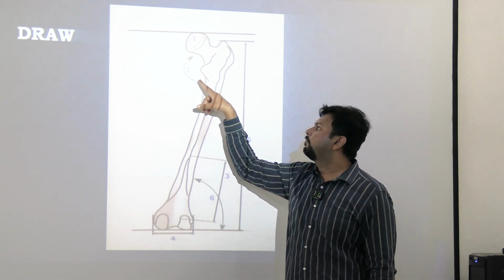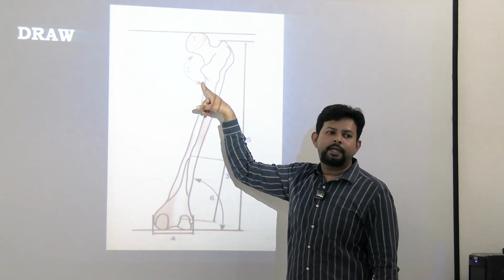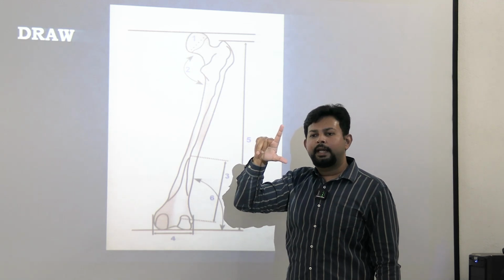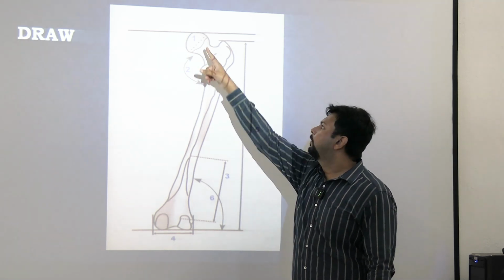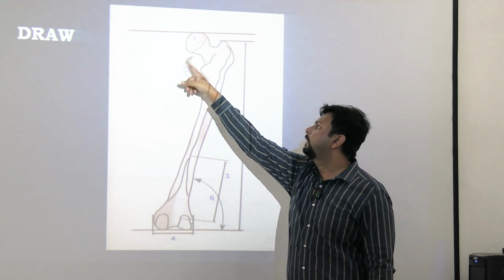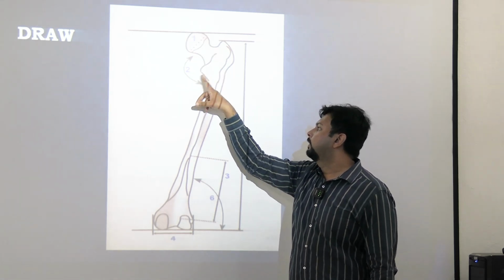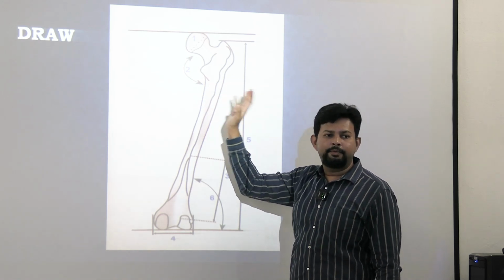Normally if it is 125 degree and more, it is for males. 125 degree and less, it will be for females. Clear? First is the anterior posterior diameter, then the neck with the shaft angle. So more than 125 males, less than 125 females.